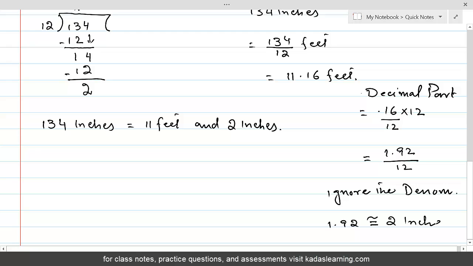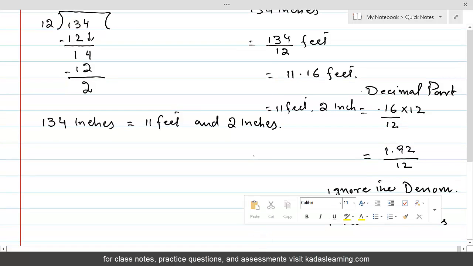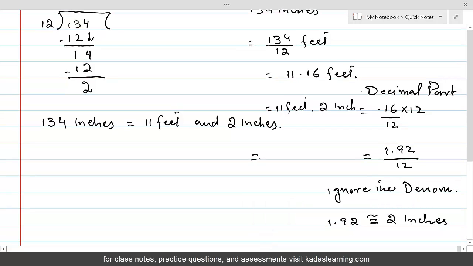These are the conversions, and here we can write 11 feet and 2 inches. And by the way, feet is represented by 1 dash above the number, and inches are represented by 2 dashes on the number.